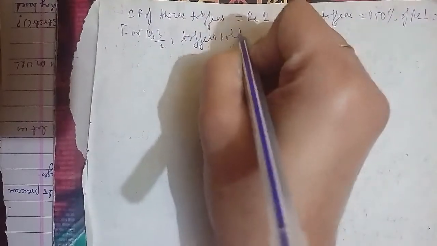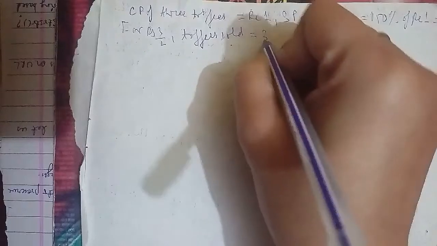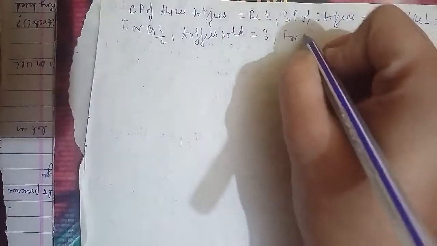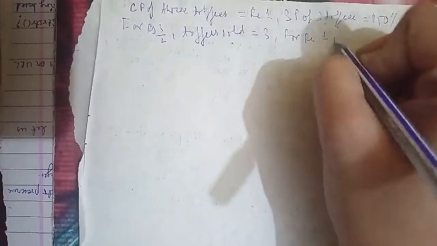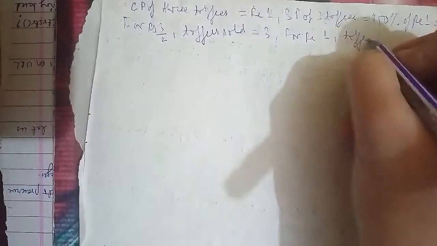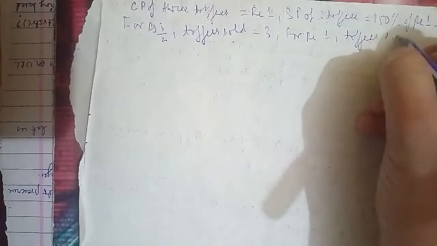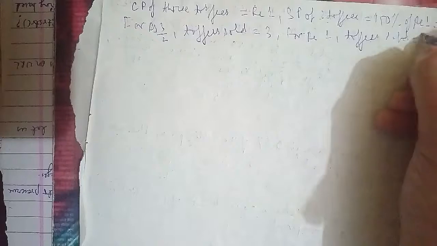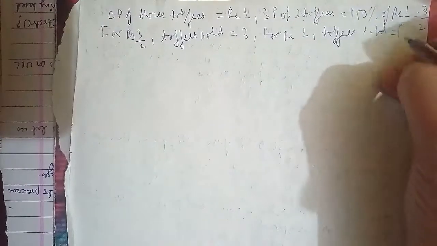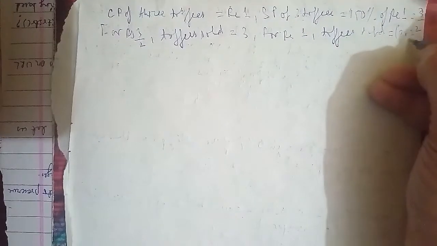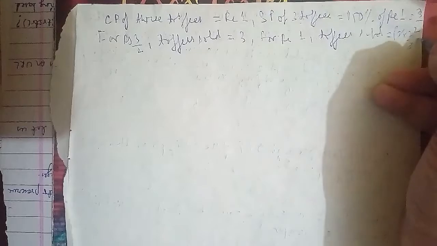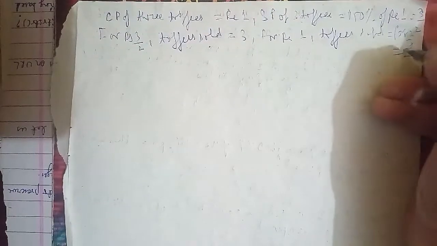For rupees 3 by 2, toffees sold equals 3. For rupees 1, toffees sold equals 3 into 2 by 3, the 3s cancel, so we get the answer 2 here.